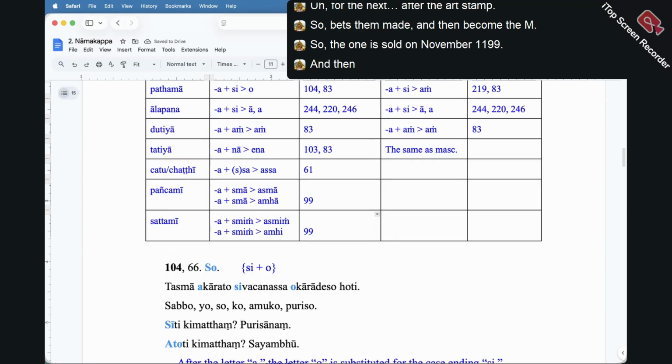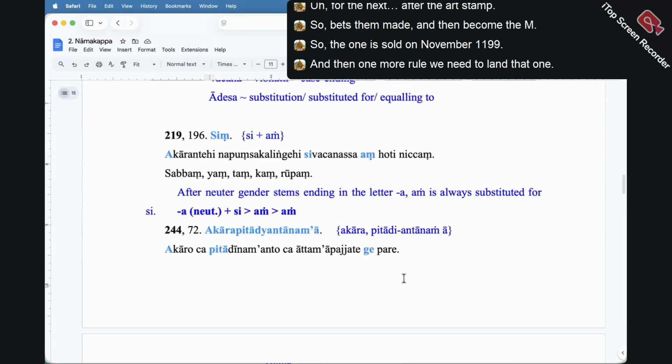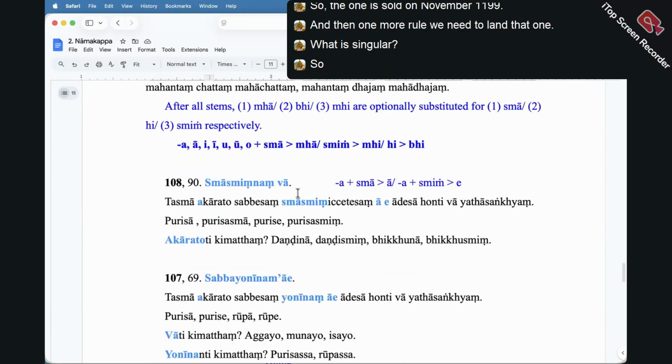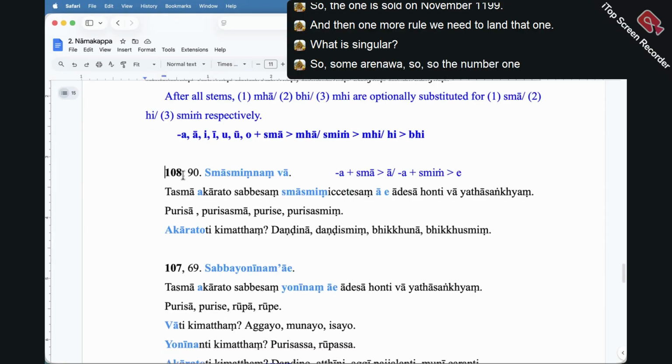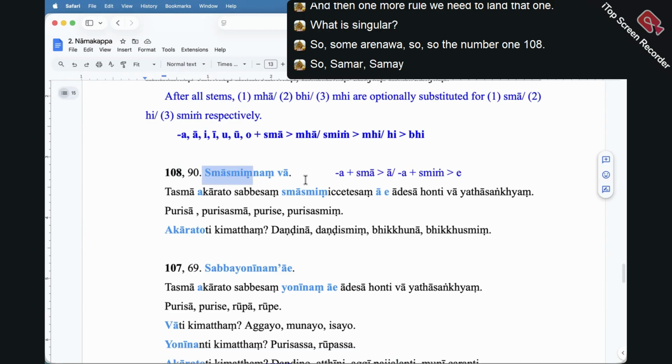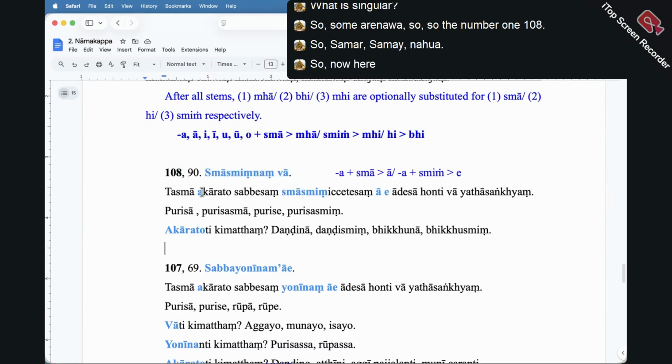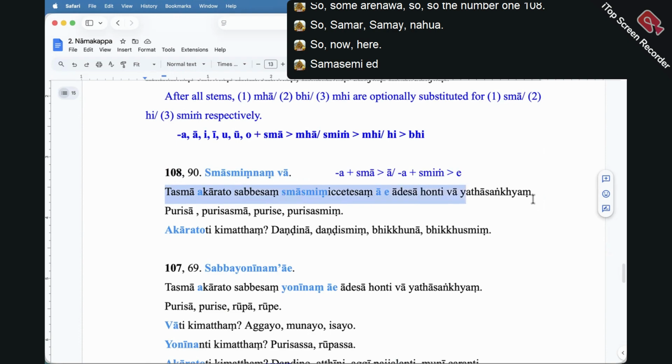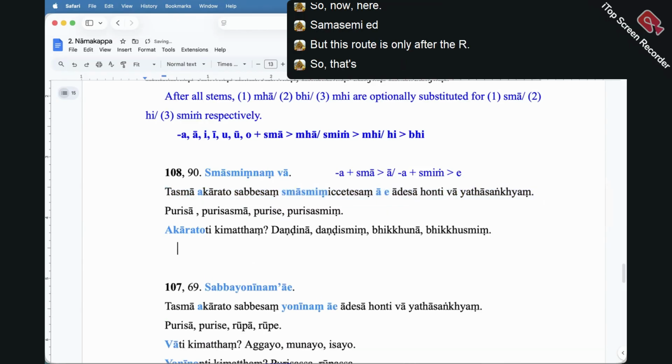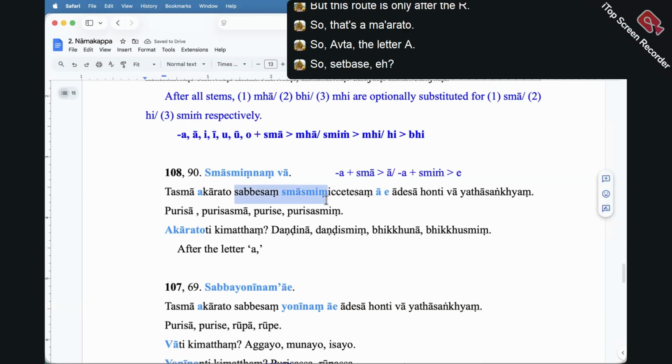And then one more rule, we need to learn that one for the singular. So Sama Samay Nanwa, the number 108. So now here, Sama akara do, sabbisan sama same ichitisan, I, E, adisa hondi, or yatha simple. But this rule is only after the A. So that's Sama akara do, after the letter A. So sabbisan sama same ichitisan, I, E, adisa hondi wa.